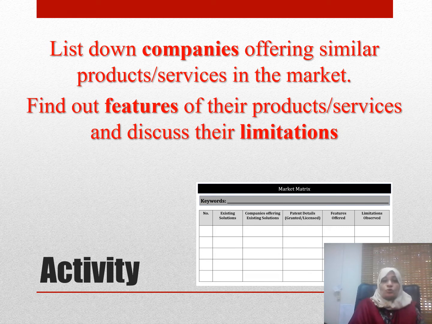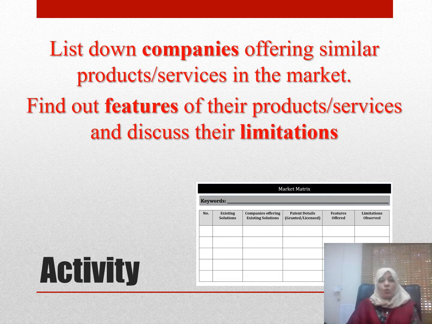It also allows you to look up the names of companies which are offering these products and services in the market, and at the same time to go and see in depth the features being offered by these products and services, and also think of certain limitations, because of which the problem has not been solved.